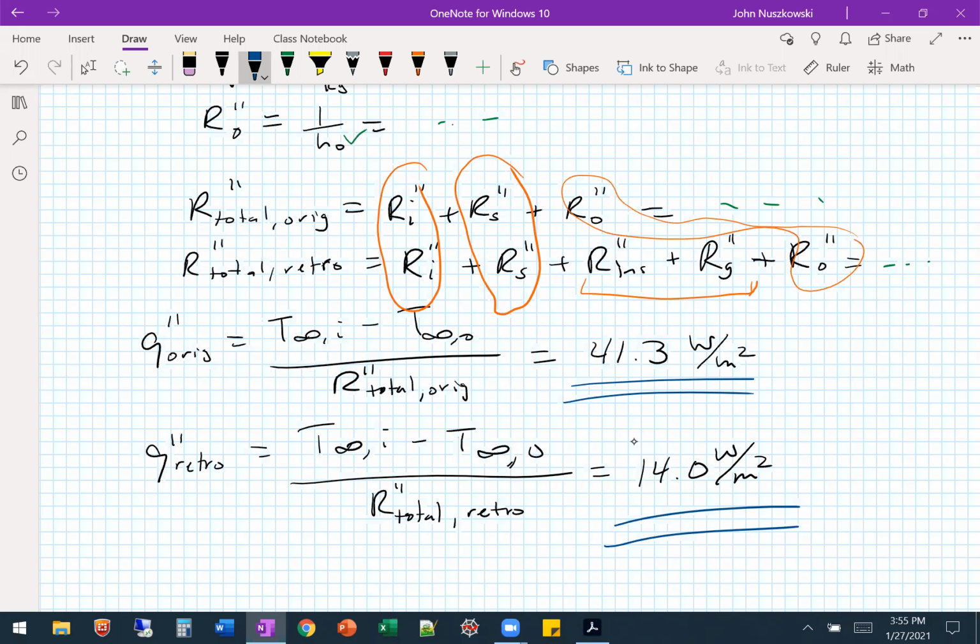And we would have to calculate that from other things. With heat transfer, you can now get a value of what that heat loss or heat gain is, just by knowing what's going on in your insulation. Okay.